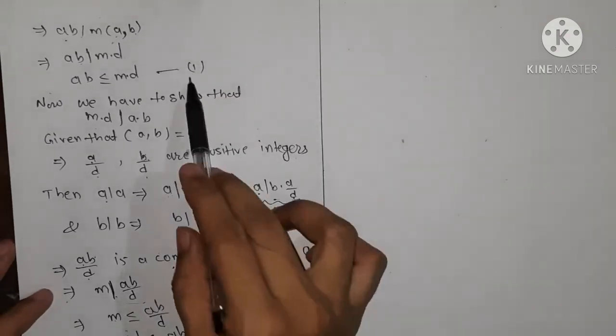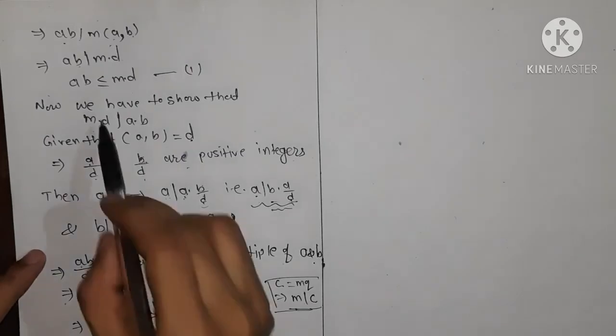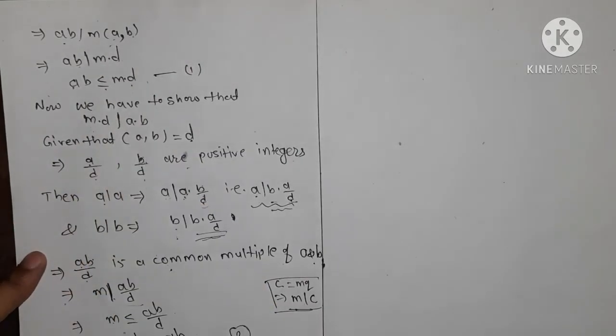Now from 1 and 2, that is AB is less than or equal to M into D, and from 2 MD is less than or equal to AB.